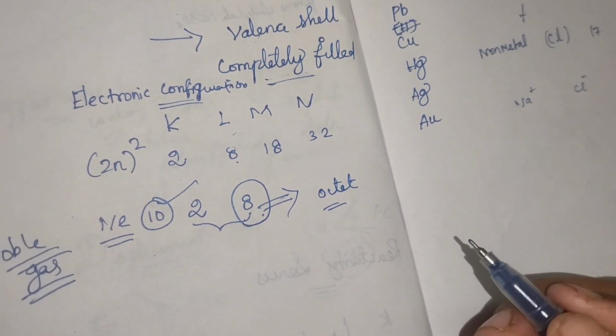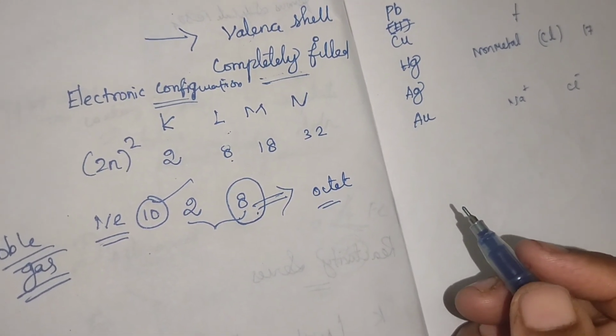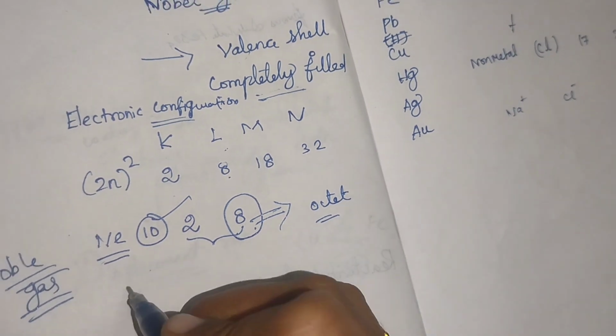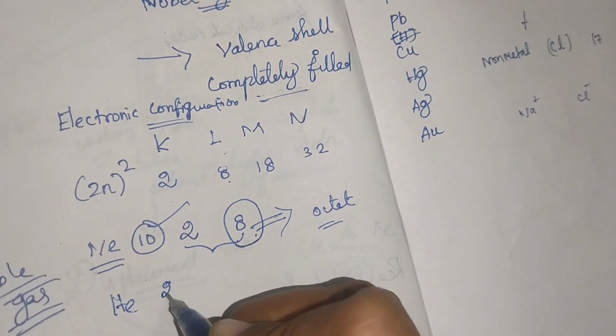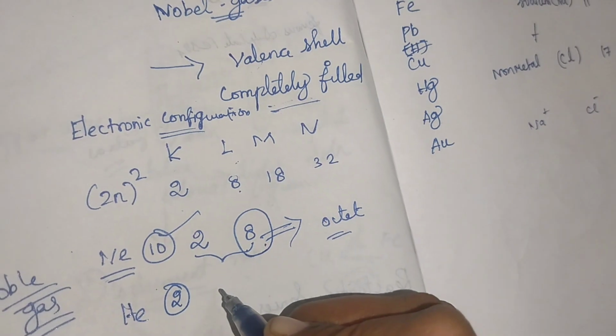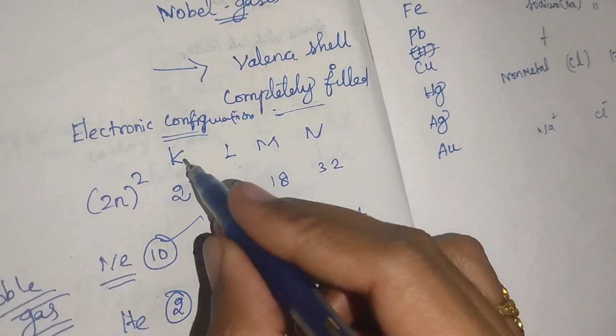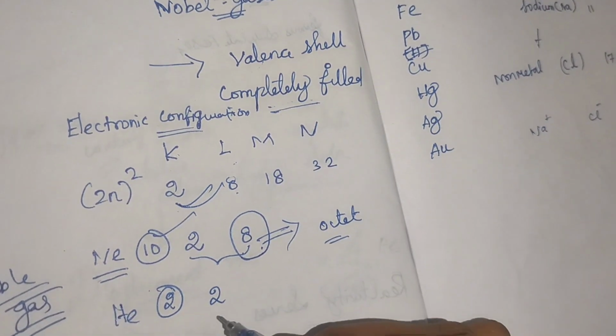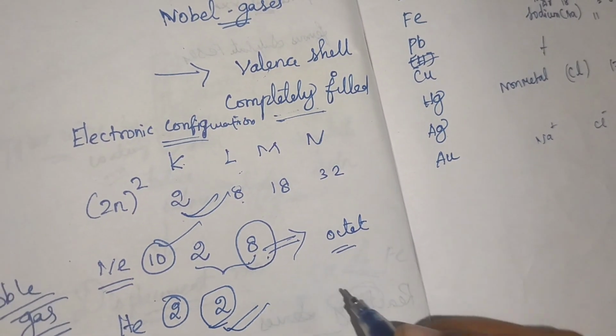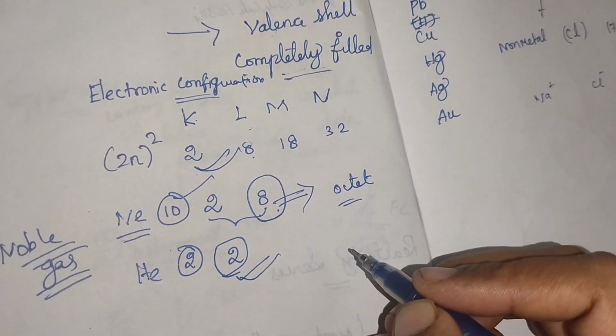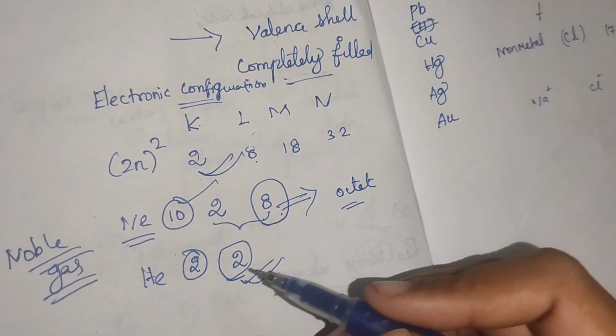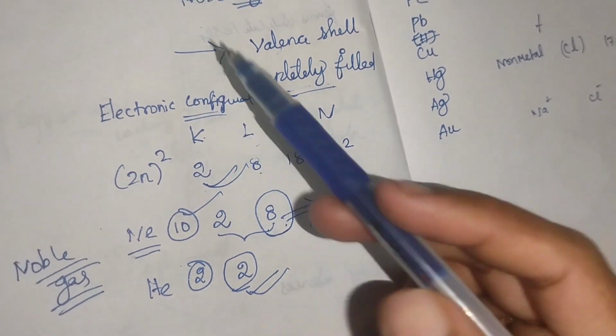Another noble gas, if we take, is helium. Helium's atomic number is 2, so it contains 2 electrons in the K shell. The K shell has to contain 2 electrons, and it is completely filled with 2 electrons. So the outermost shell is completely filled. So these noble gases are going to react with the metals.